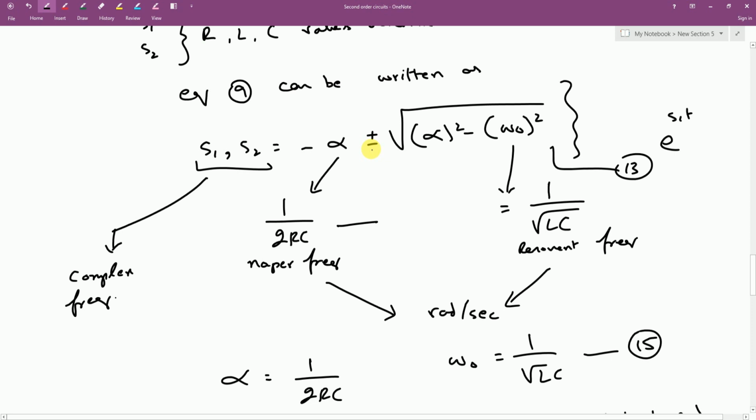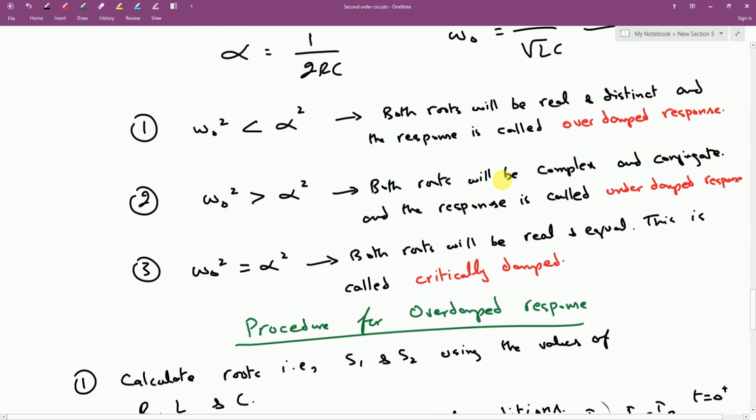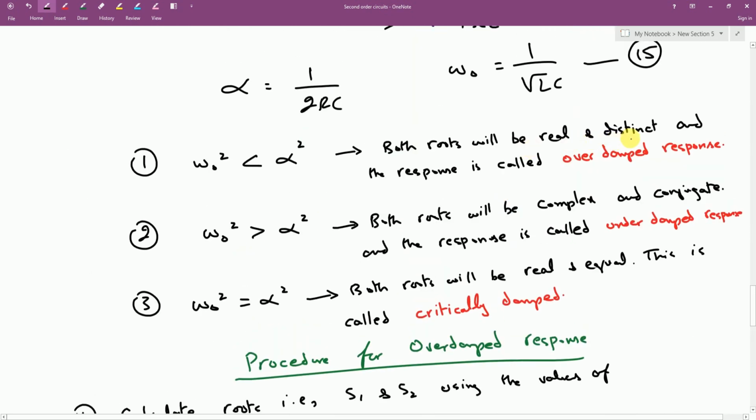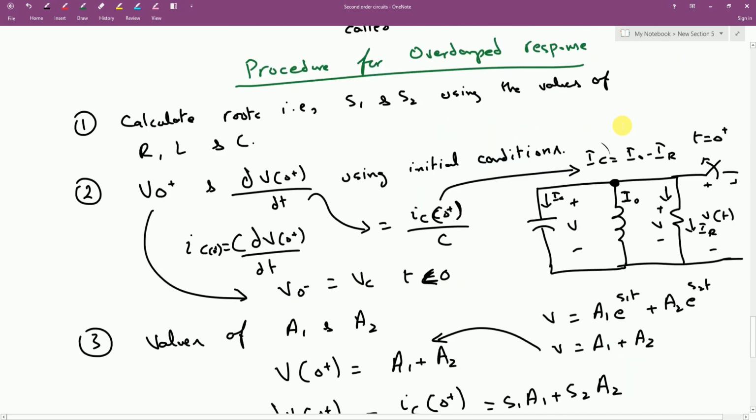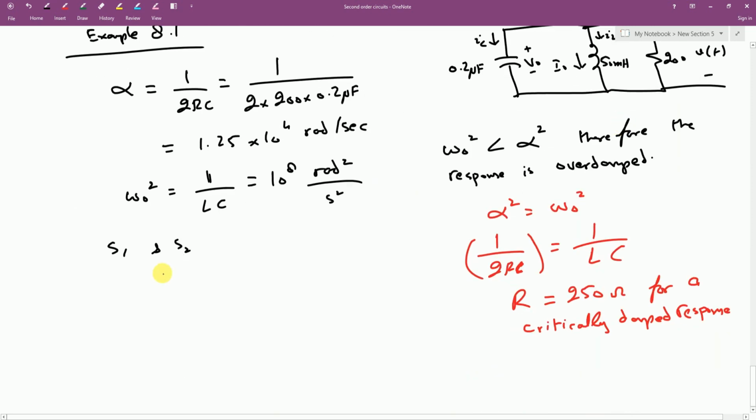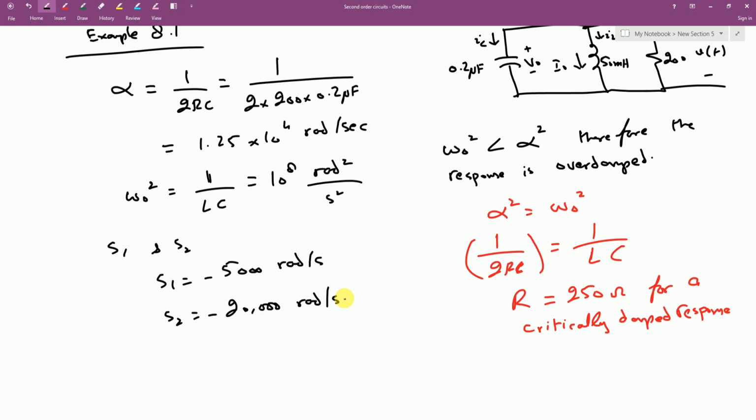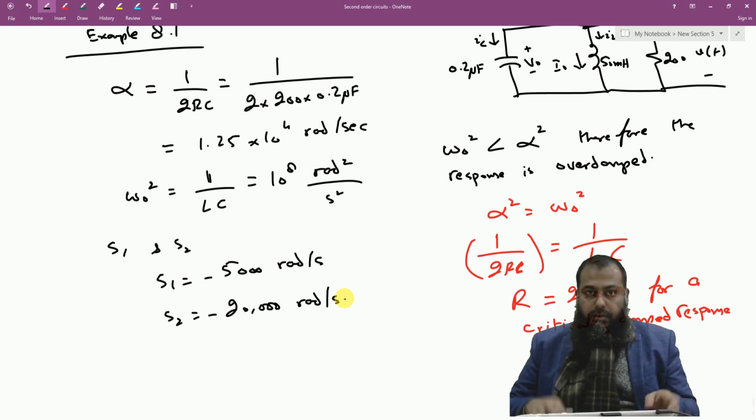So you see, we have said that the roots will be real and distinct. The value of S1 is equal to minus 5000 radian per second, and the value of S2 is equal to minus 20,000 radian per second. So we have solved this example number 1.